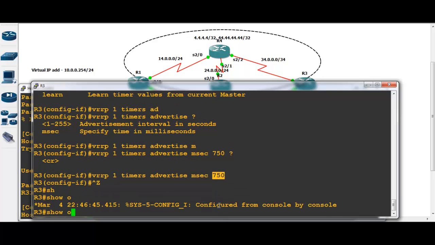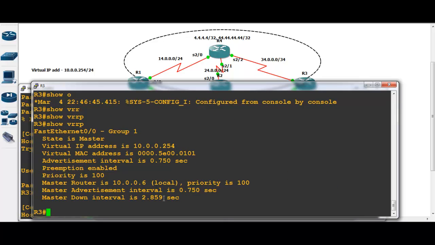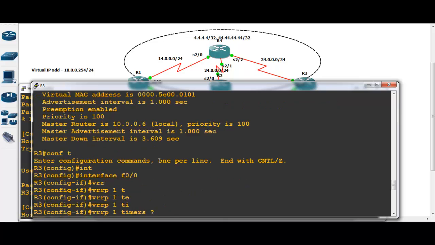Now if I type show VRRP, you can see that the master interval is changed to some 2 point some fraction number based on this input. Previously it was 3 point something. I'll show you.